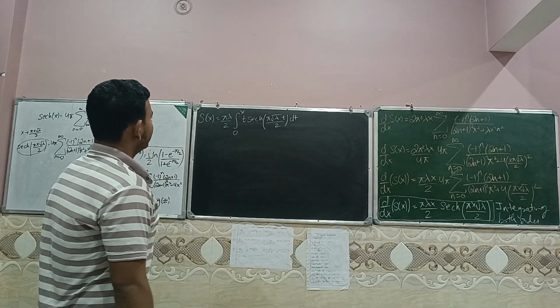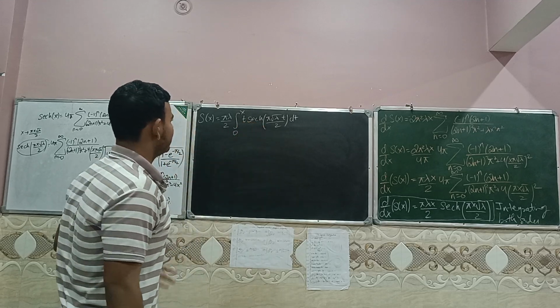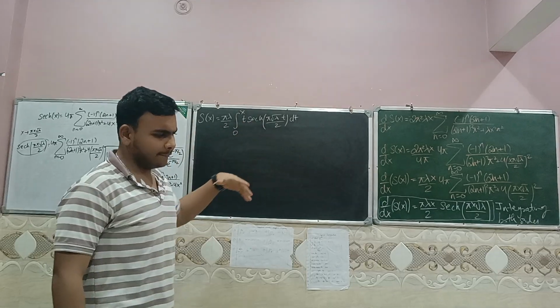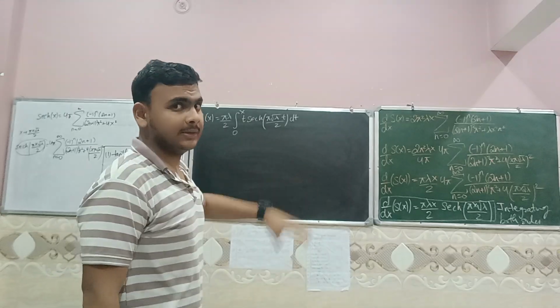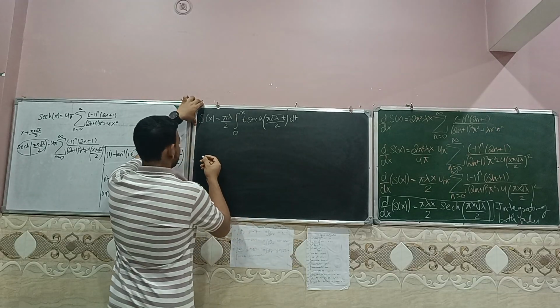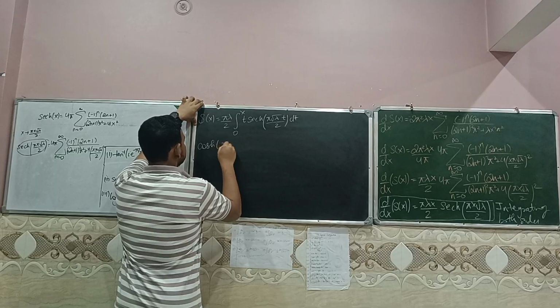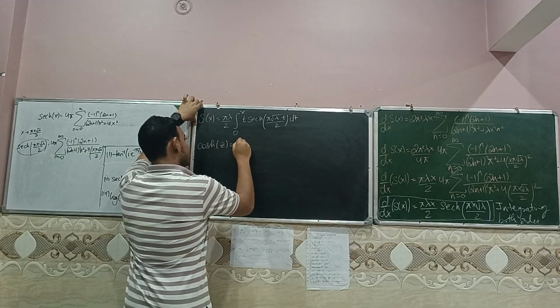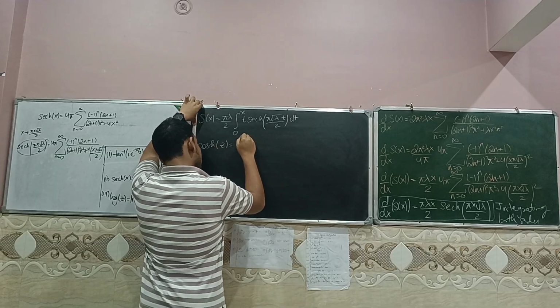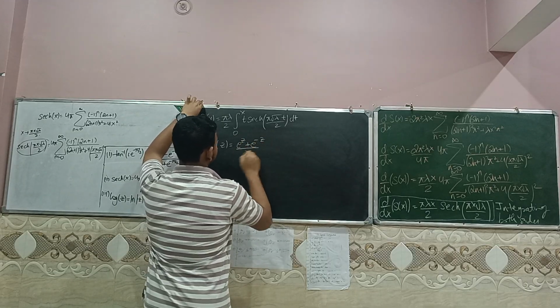And how are we going to do that? But before looking at this hyperbolic secant, let me convert this into Euler's expression. I hope you have an idea that the hyperbolic cosine of z equals e to the z plus e to the minus z over 2.